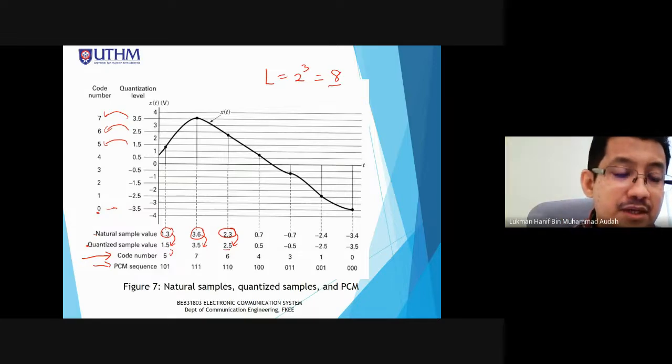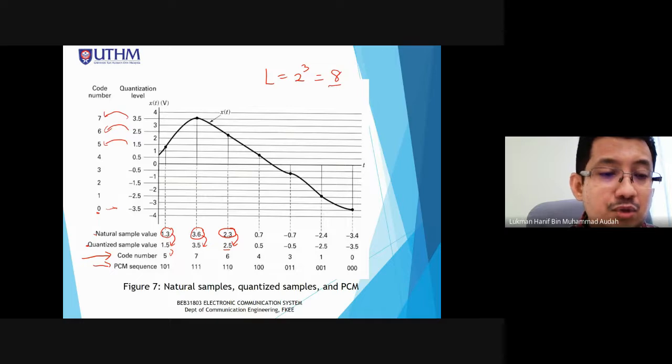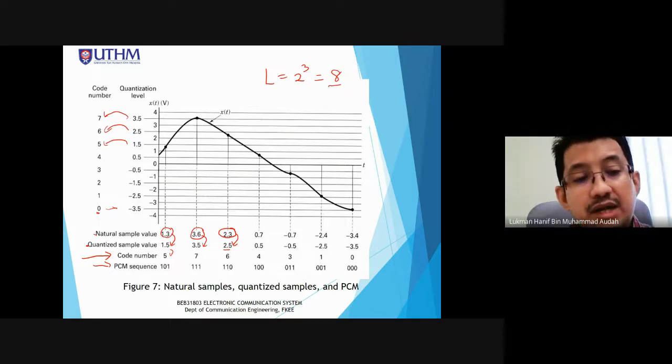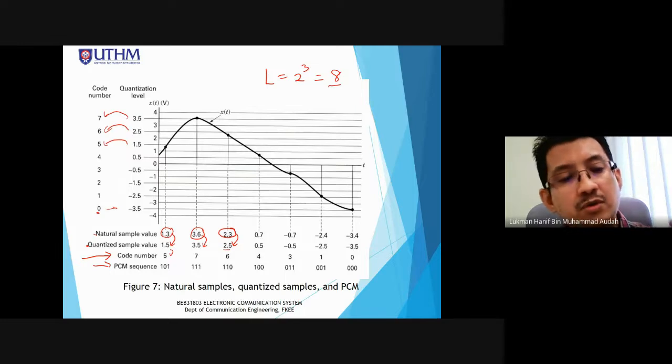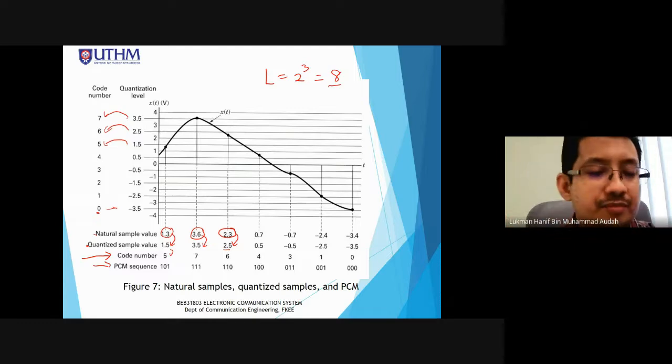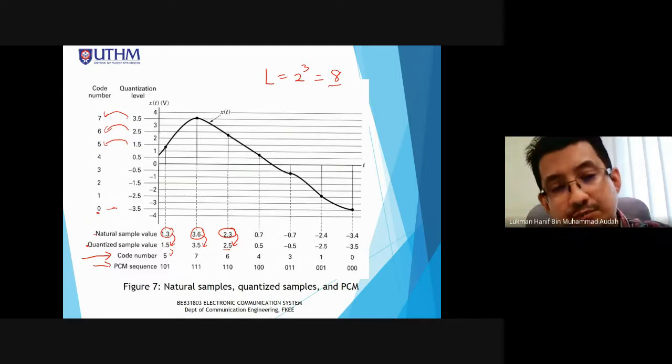Dalam example ini, kita menunjukkan kebiasaannya, kita memberikan code number kosong untuk quantization level yang paling rendah. Normally we start from the below. Pada kebiasaan ni kita start kosong pada nilai voltage yang paling rendah.